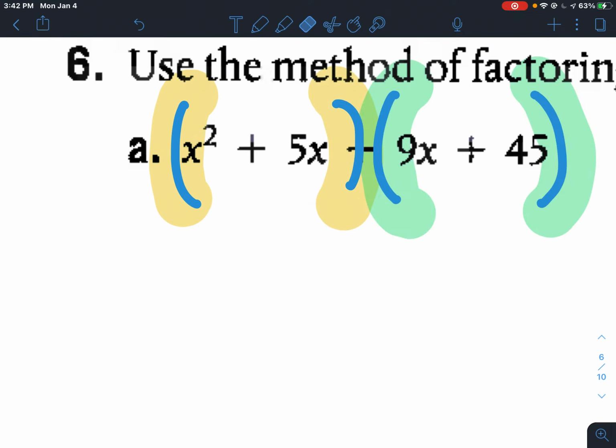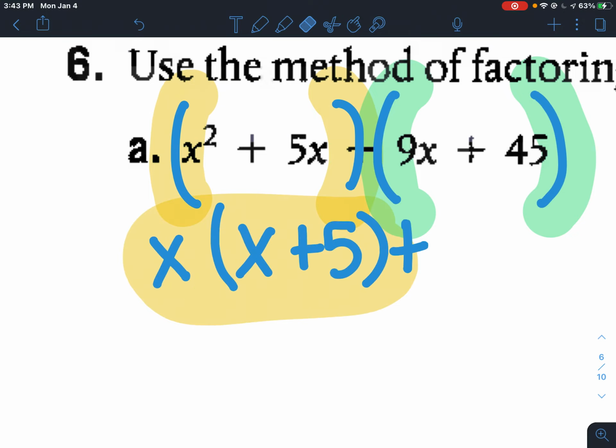And then in the second group, 9x plus 45, can I factor something out? Yes, I can. But if I was looking at the whole thing as a whole, x squared plus 5x plus 9x plus 45, could I factor something out? No, I couldn't. They have nothing in common that would factor out. So that's why I have to split it up into two separate groups, the yellow group and the green group.